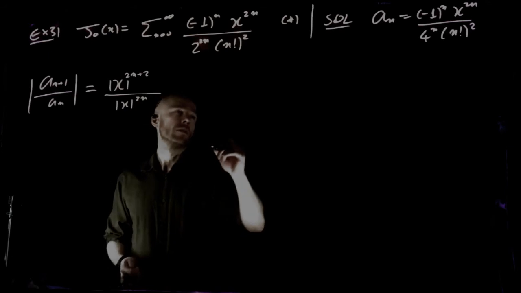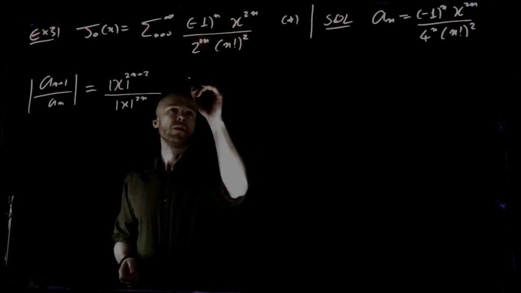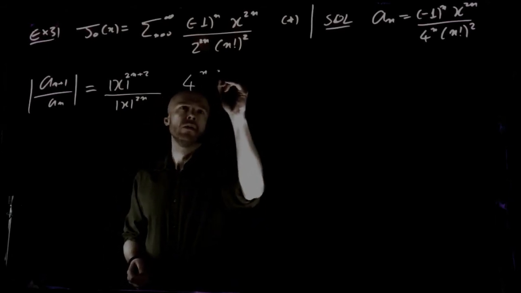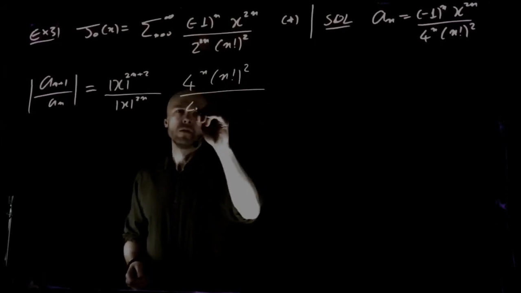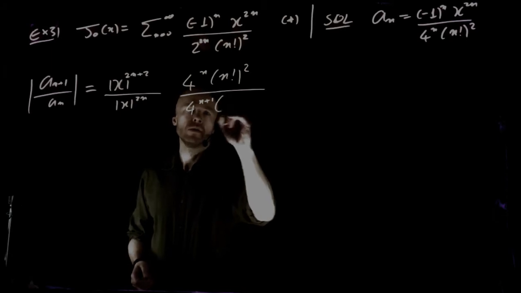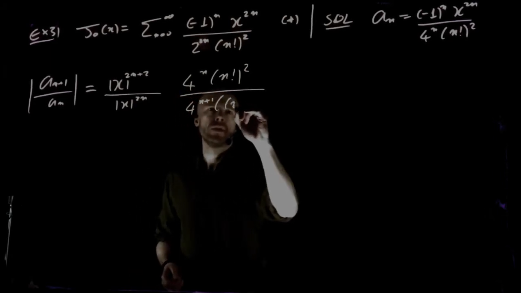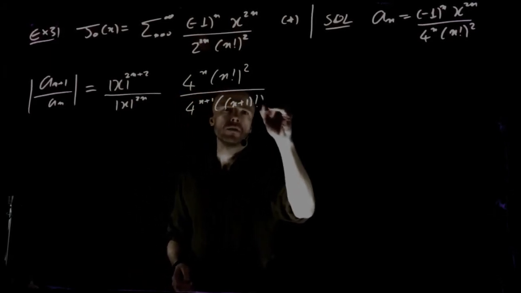And what about the rest of the stuff? The minus 1 we don't care about. Here we're going to get 4 to the n and n factorial squared. Here we're going to get 4 to the n plus 1. And then n plus 1 factorial squared.